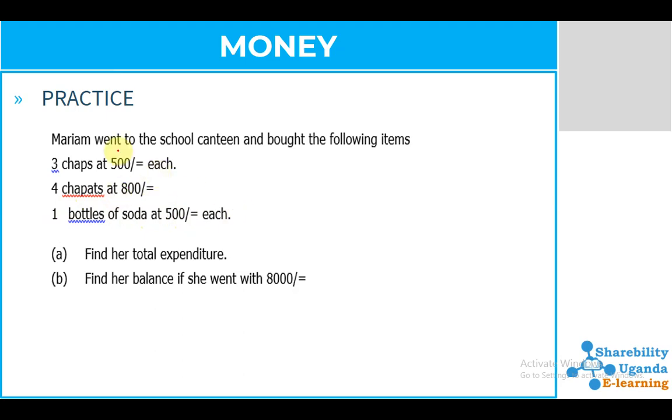You can see here they have simplified. When they talk about each, we shall be able to look at what they are asking us here. Find the total expenditure, which is question A. Then find her balance if she went with 8,000.